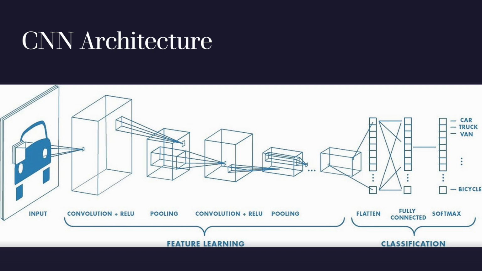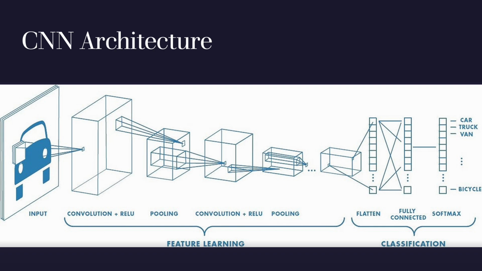This convolution layer has an activation function, and we use ReLU as the default activation function for the convolution layer. After the convolution layer, we have a pooling layer, which reduces the dimensions of the image. Now we can have multiple sets of convolution and pooling layers successively in the feature learning stage.